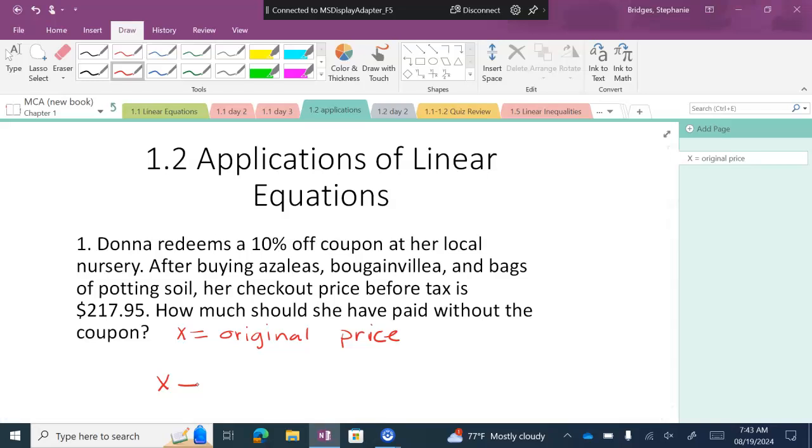do we know how to figure the discount? Like we know it's 10%, but what is it 10% of? Close. You're taking 10% of the original price, right? So think about our original price, we're using X to represent. How do I figure out 10% of X?